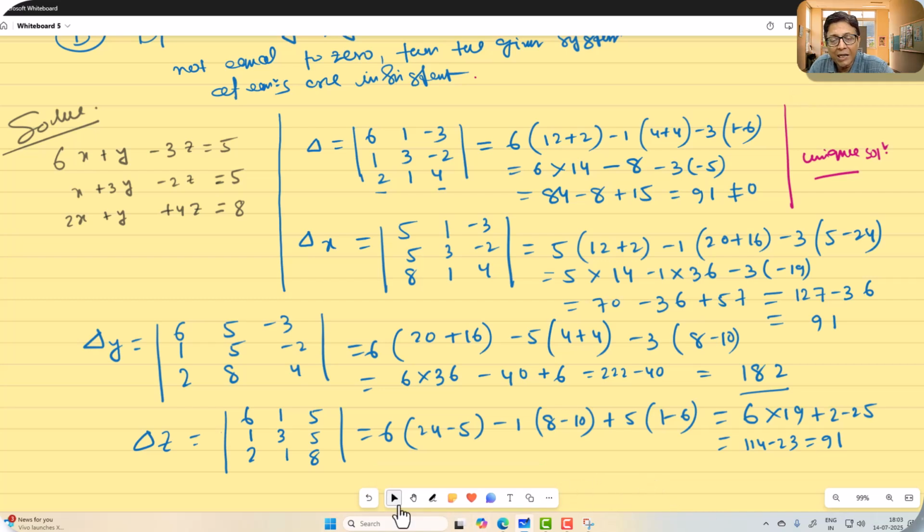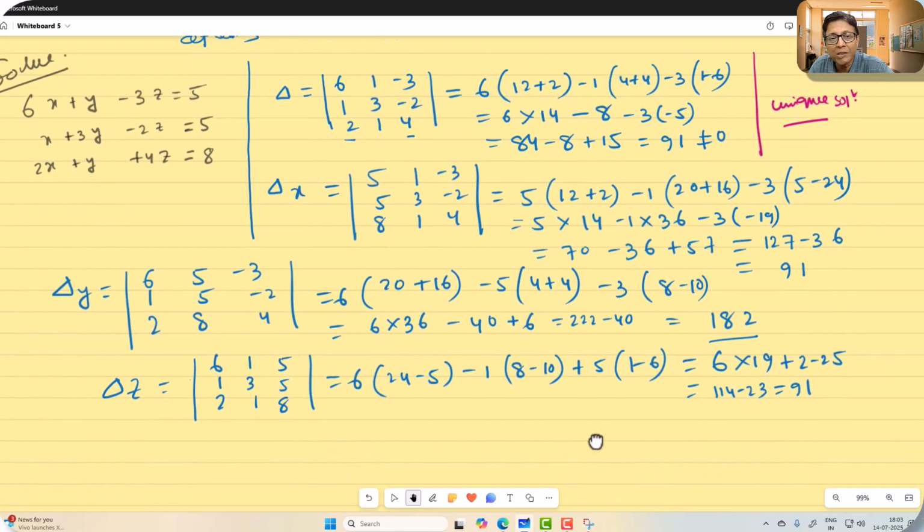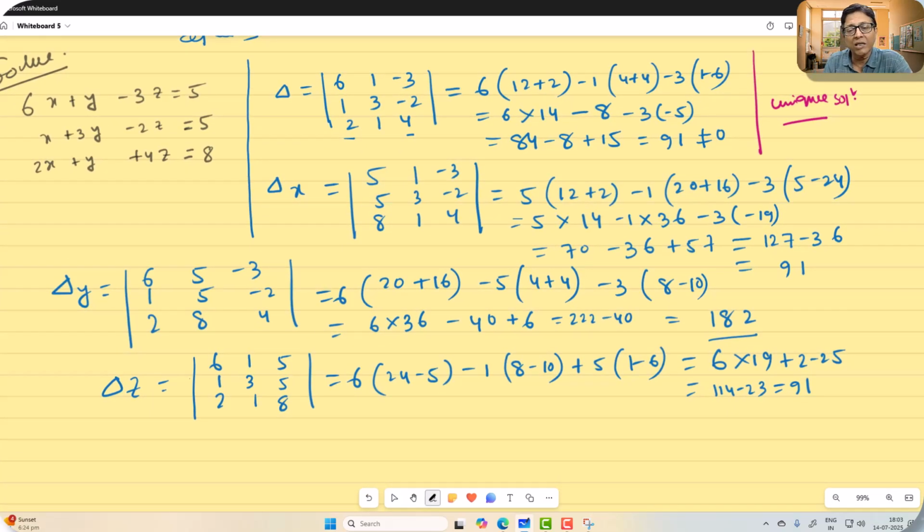Now we can write the solution easily because we got all delta, delta x, delta y, delta z. Therefore, the solution is what? x equals delta x by delta, that is 91, y equals delta y by delta, 182, z equals 91 by 91.